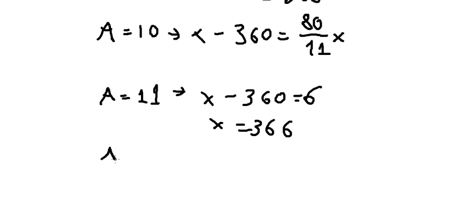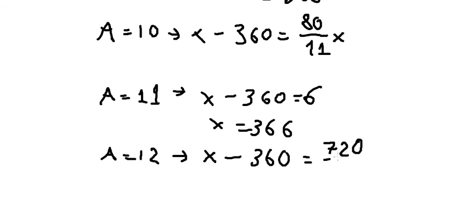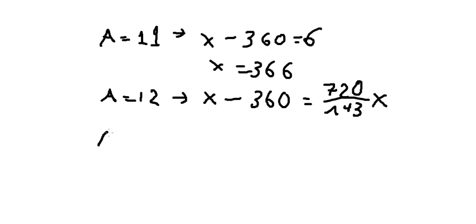Next, if a equals 12, you get 720 over 143. This is a fraction. Let's go a equal to 13. You get a fraction, 30 over 7. So we check.